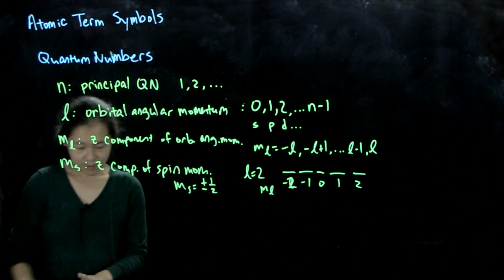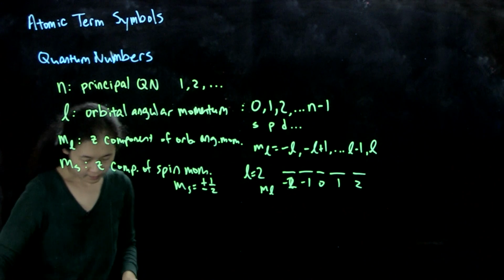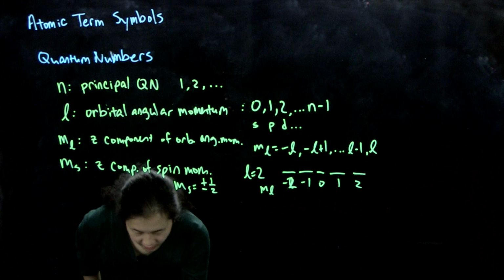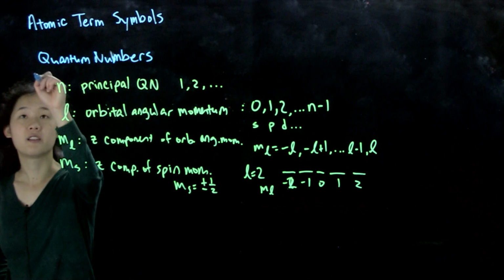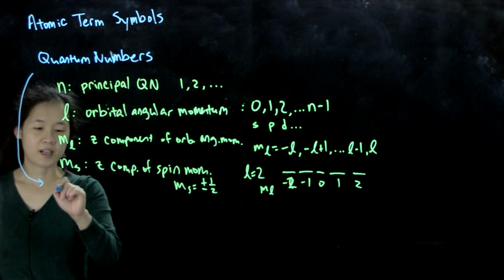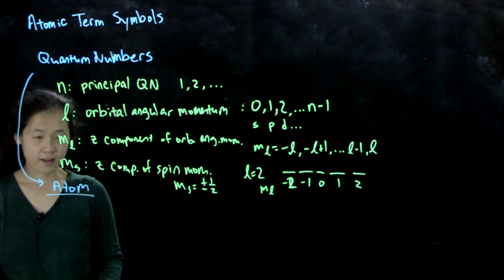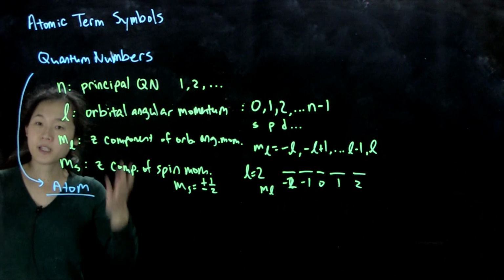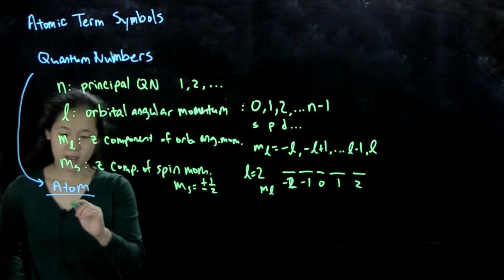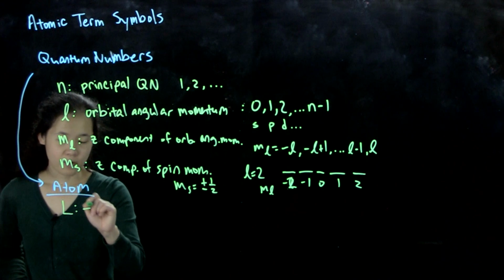Once we want to think about the actual atom, let's go on to the actual atom part. We think about all the electrons within our system, so we have to think about big L, which is the total orbital angular momentum.